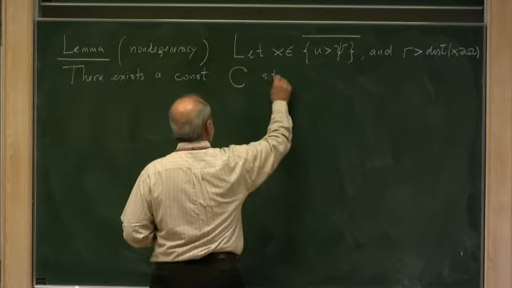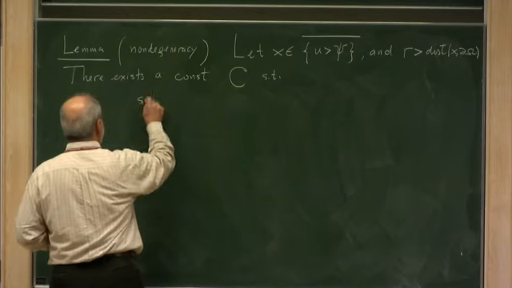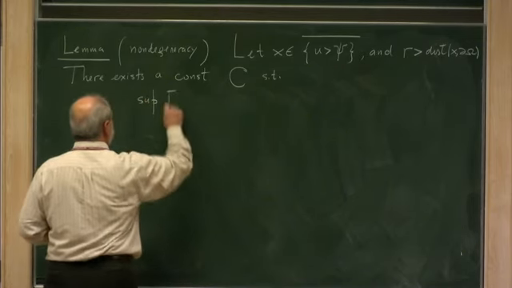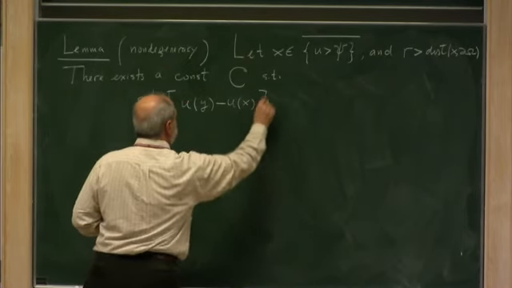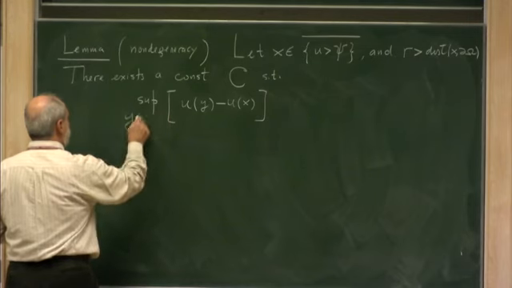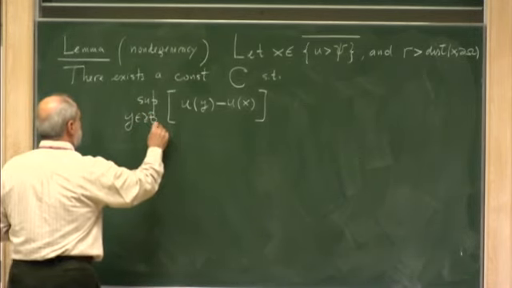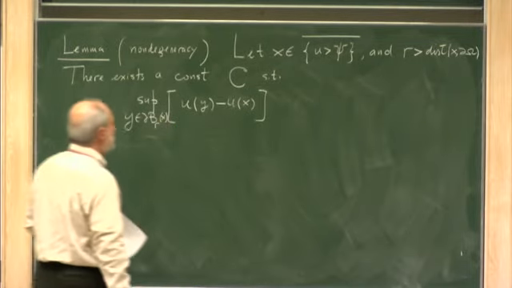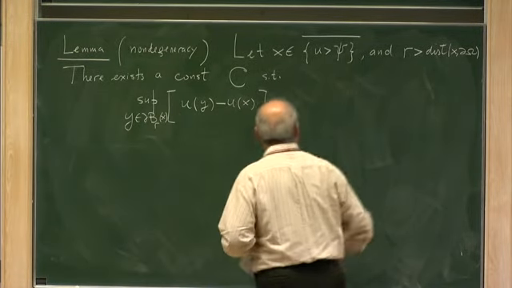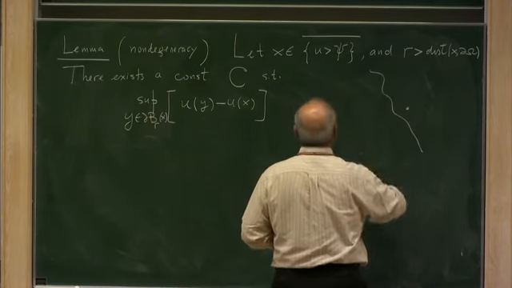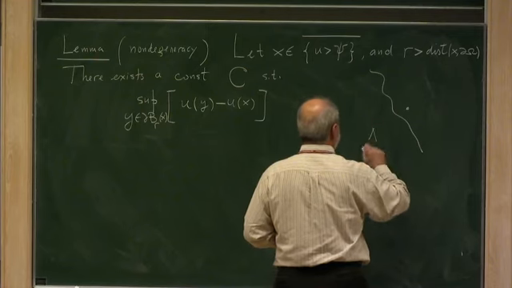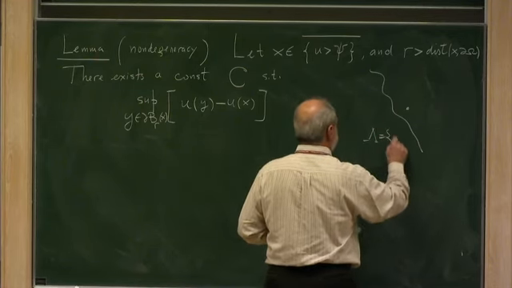such that the following happens: the sup of u of y minus u of x, y here is on the boundary of the ball, center at x. So I'm looking at the point x. Maybe here is the set, the coincident set, contact set.